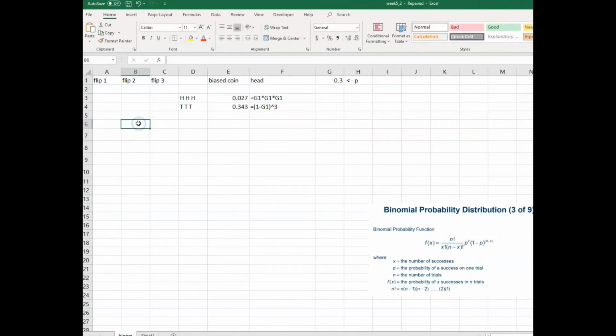So we have N, and this is X or R. We try 3 times and we see 3 successes.